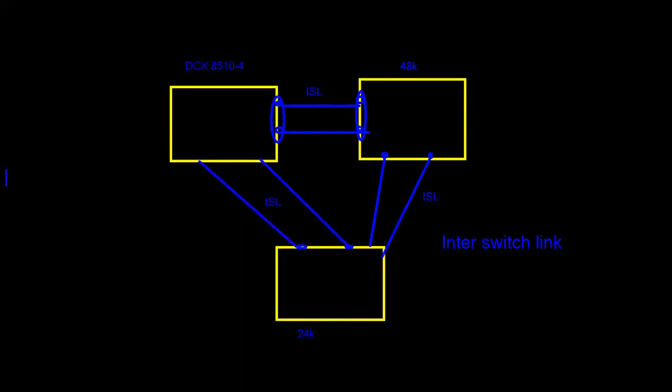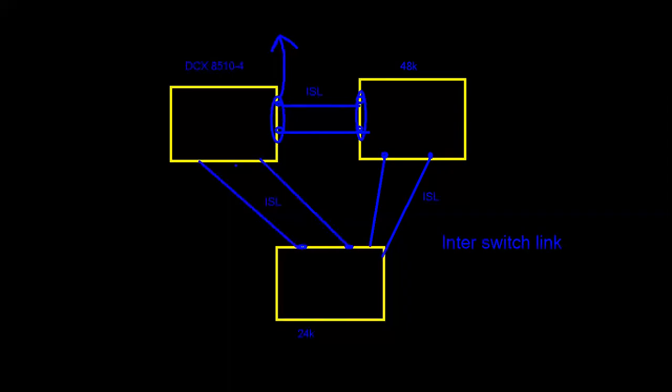But in order to configure this inter switch link, we must use the ports on the switch. So if we have only 3 switches, then we have used 4 ports on each switch, right? So that means we are wasting 4 ports on each switch to establish the communication between those switches.